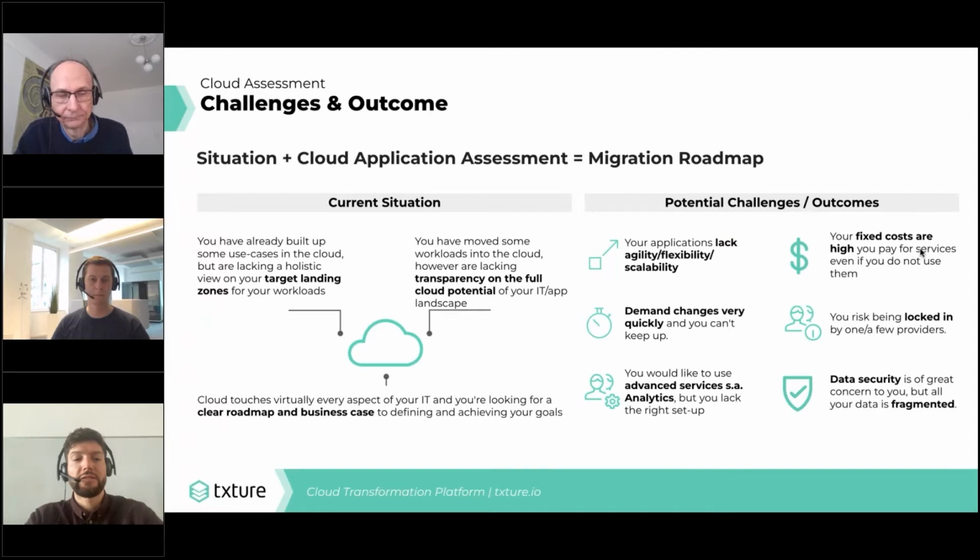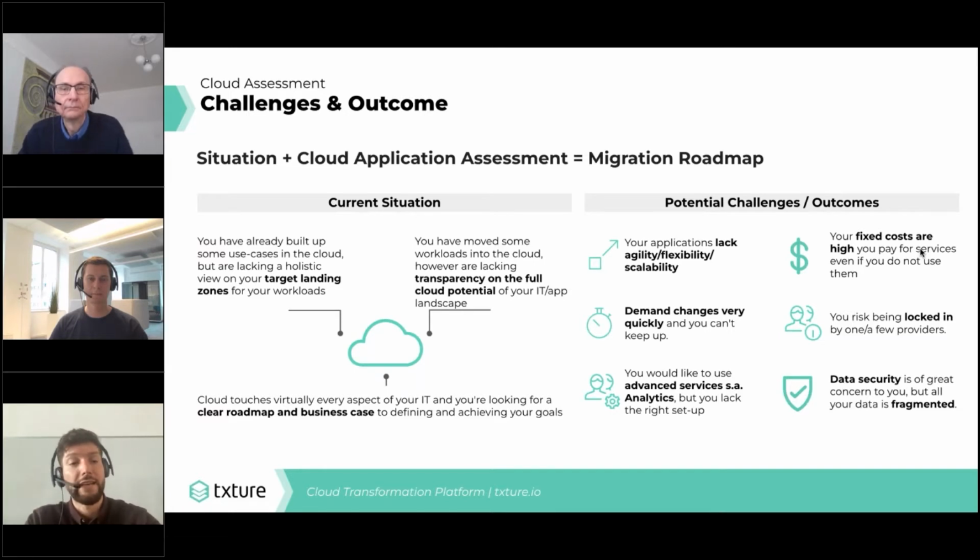So maybe let's just start with the challenges we usually see, or why Texture got to the platform build that we have now. Obviously, going into the cloud is a big topic. It's been a big topic for years, and a lot of times you will see the troubles or potential challenges that companies face when trying to go into the cloud, but also deciding which provider to choose, where to host it, and so on.